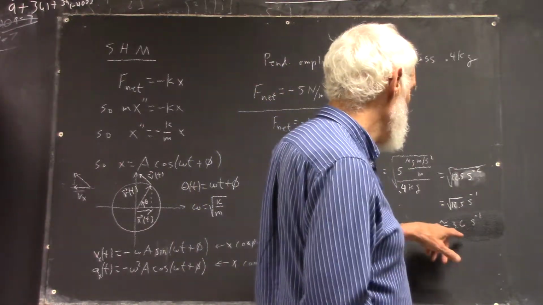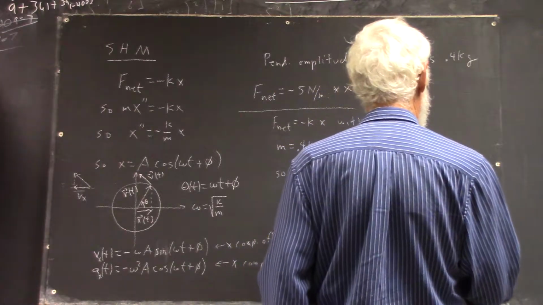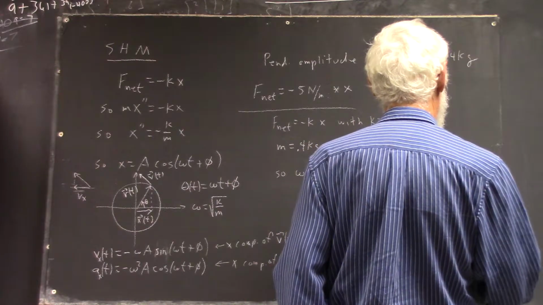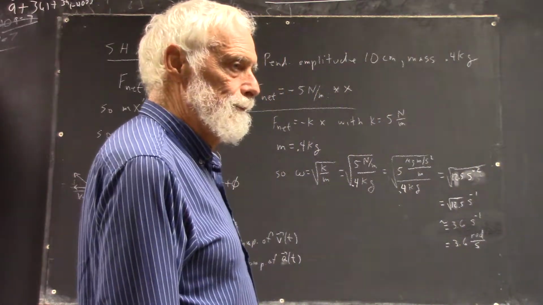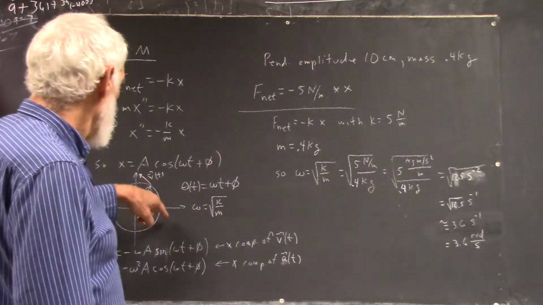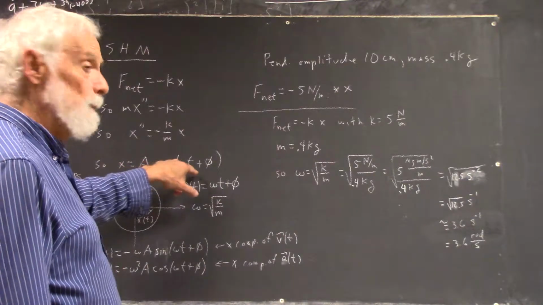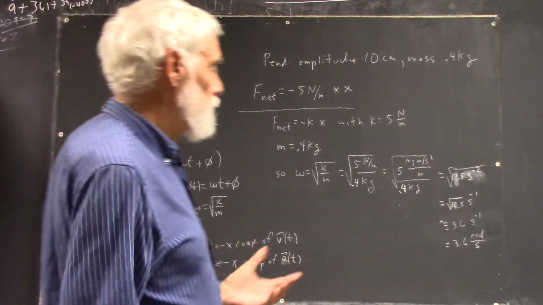So this is interpreted as 3.6 radians per second, because that is going to be the angular frequency of the motion around here, since you're multiplying omega by t. Now, what's 3.6 radians per second?